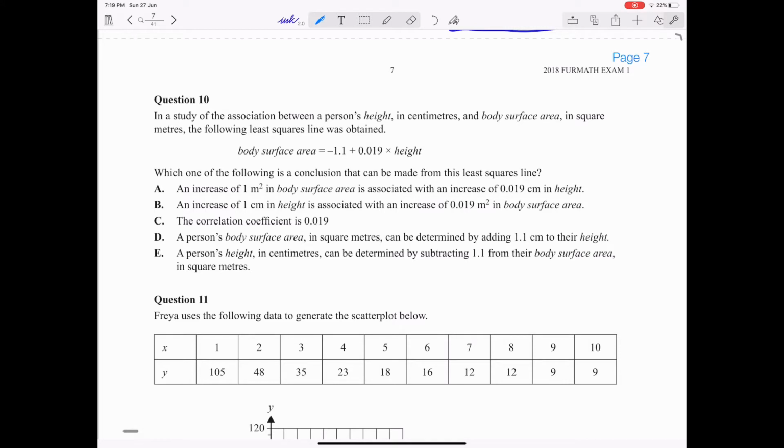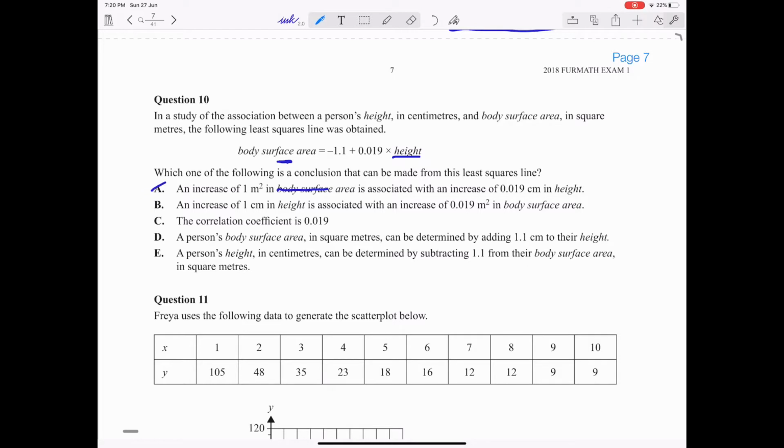This is a false statement because this is an incorrect interpretation of the slope. It should be an increase of 1 centimeter in the height would result in an increase in the body surface area by 0.019 square meters. So therefore A is wrong.